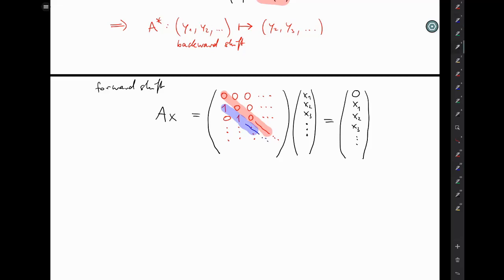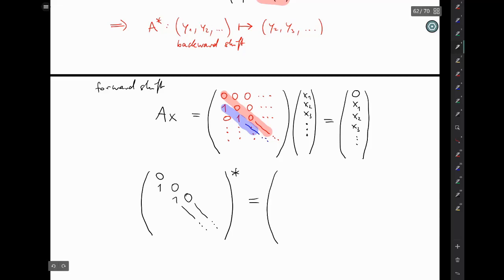If that's the matrix representation of the forward shift A, then it's not really surprising that the adjoint of your operator is represented by the adjoint of that matrix, and we all know what that is. It's just the transposed matrix and complex conjugates, which in this case we can ignore because all our matrix entries are zeros and ones and hence real numbers.